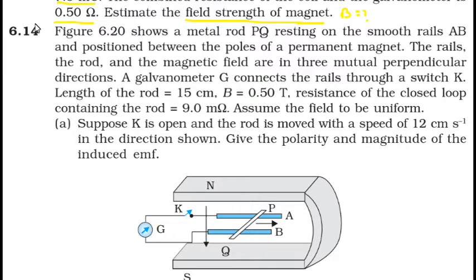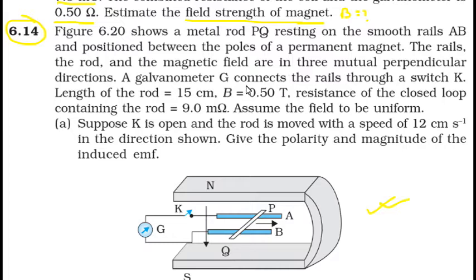So now we'll see problem number 6.14. Figure 6.20 shows a metal rod PQ resting on a smooth rail AB and positioned between the poles of a permanent magnet.